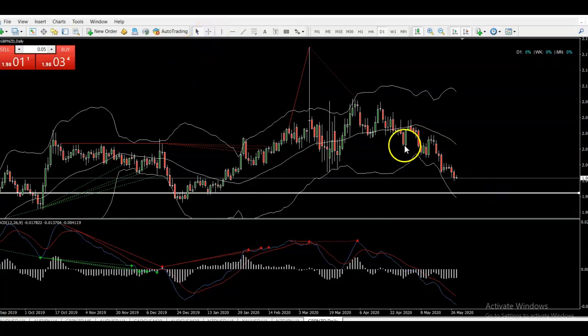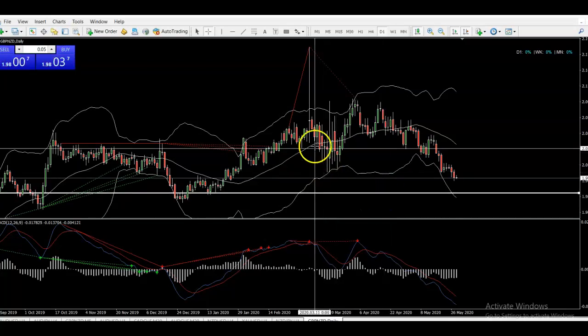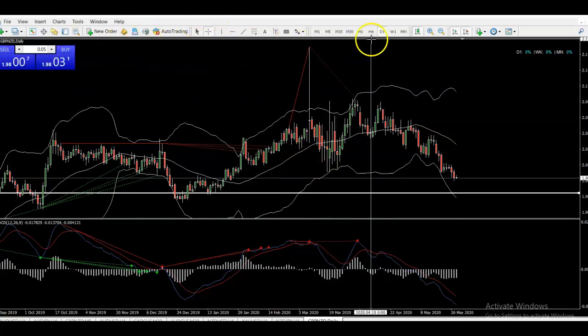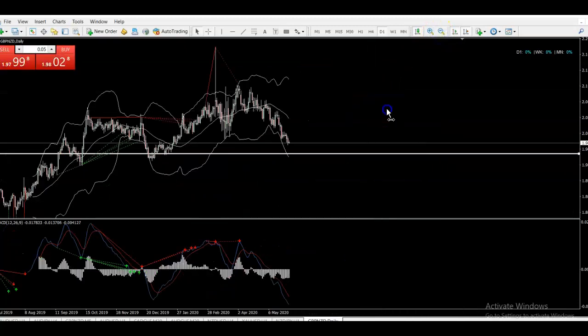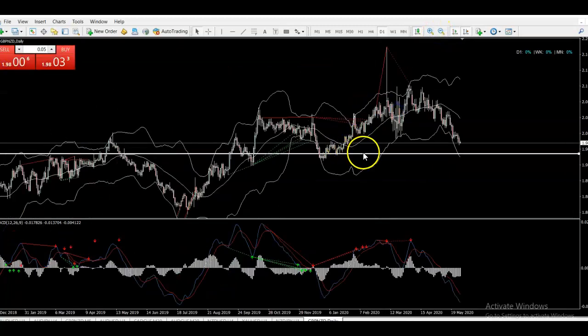Down there, it's a bit far to go. Yeah, it's still a bit further to go. Let's zoom out here. What I'm actually looking for in the chart is areas where prices kind of reacted before.